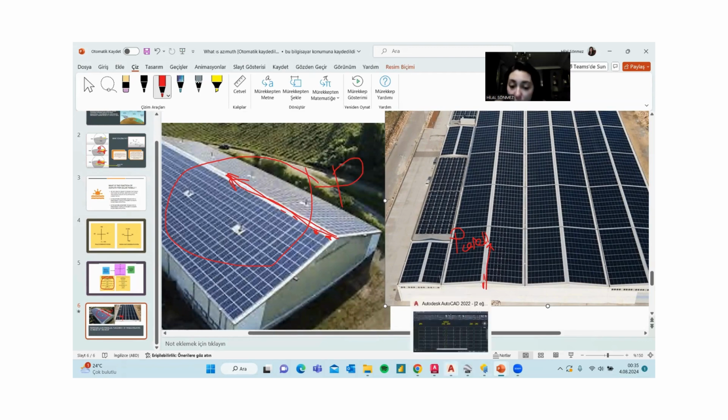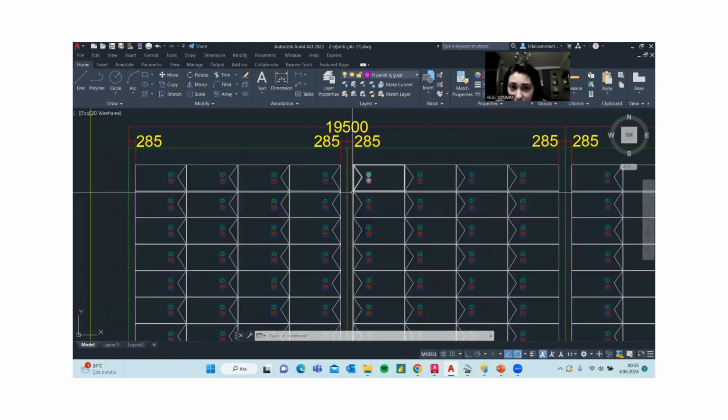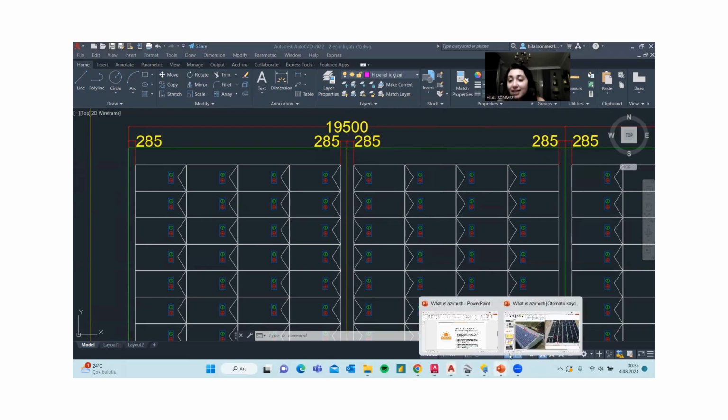But in our case, since in our AutoCAD file we have the perpendicular placement for the roofs, we will add 90 degrees and subtract 90 degrees from the angle that we found in Google Earth and then converted in Pvsyst as the azimuth of our building.